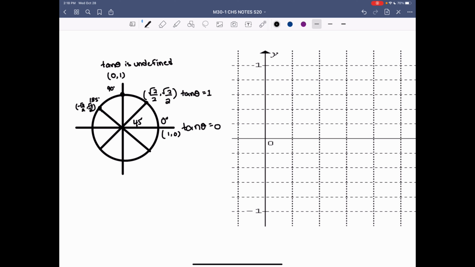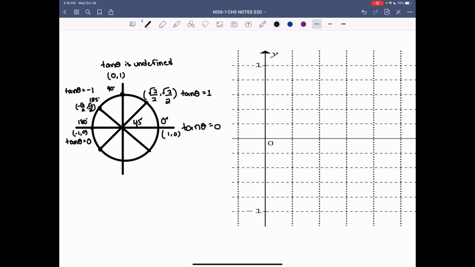Same number but opposite sign would give us tan theta equals negative 1. Then at 180 degrees, we have the point (negative 1, 0), which gives us tan theta is 0 divided by negative 1, which is 0.